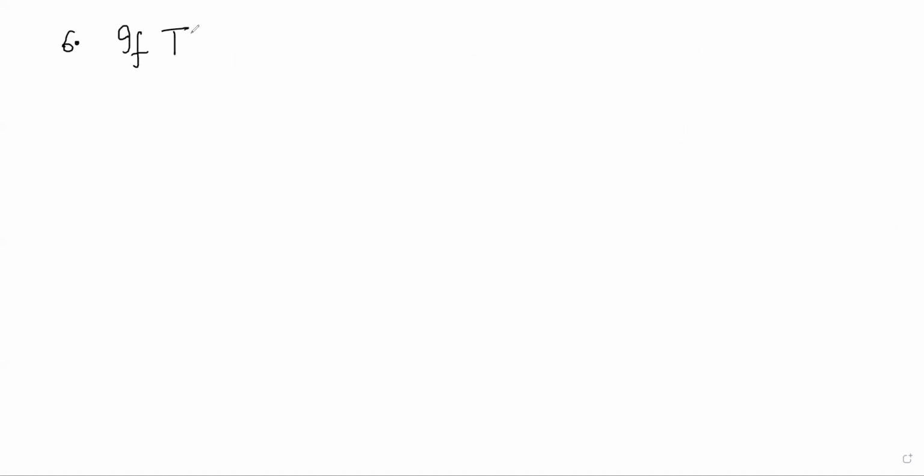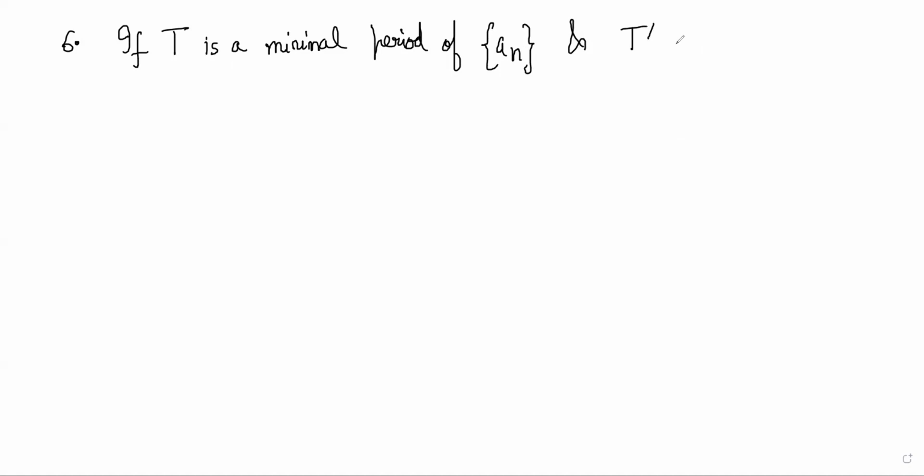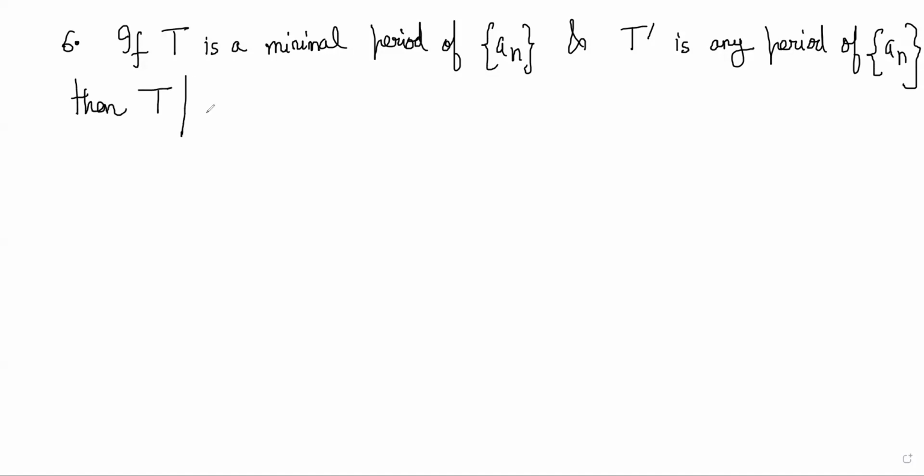If t is a minimal period of a_n and t dash is any period of the sequence a_n, then t must divide t dash. So basically this is the combination of the previous two properties.